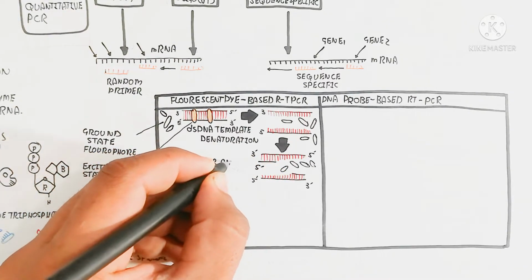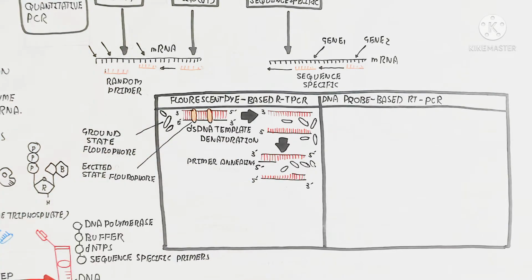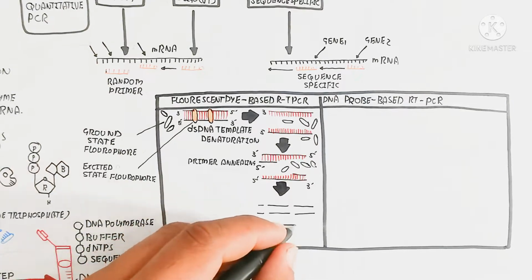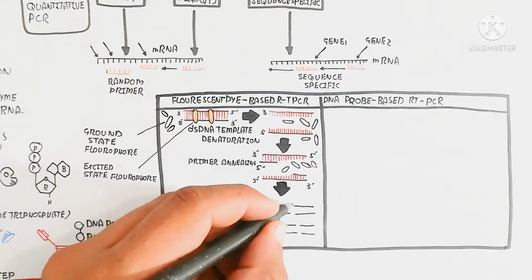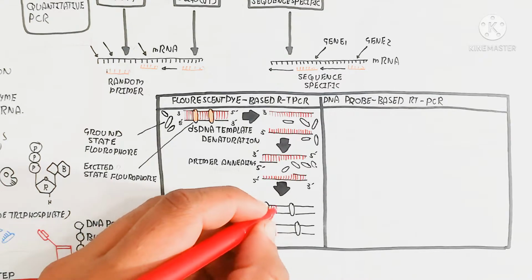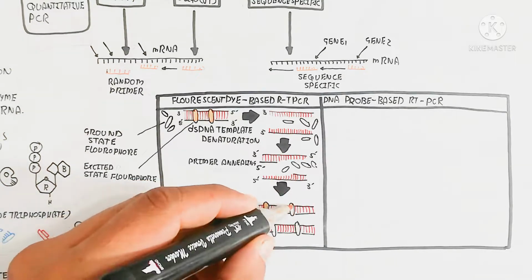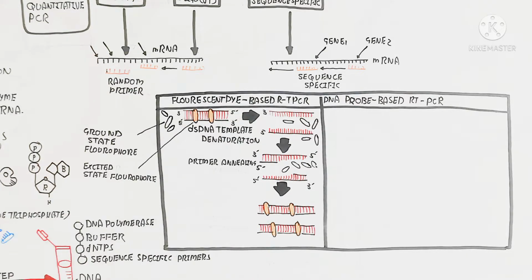After the complete synthesis, the double-stranded DNA will bind with the fluorophore. So the primer extension produces color after the binding with the DNA.